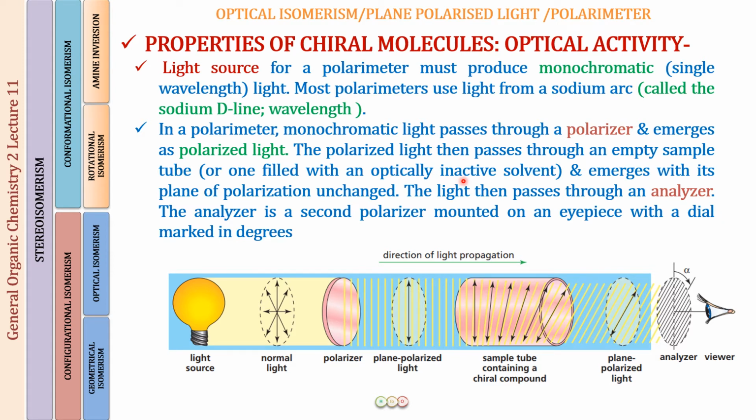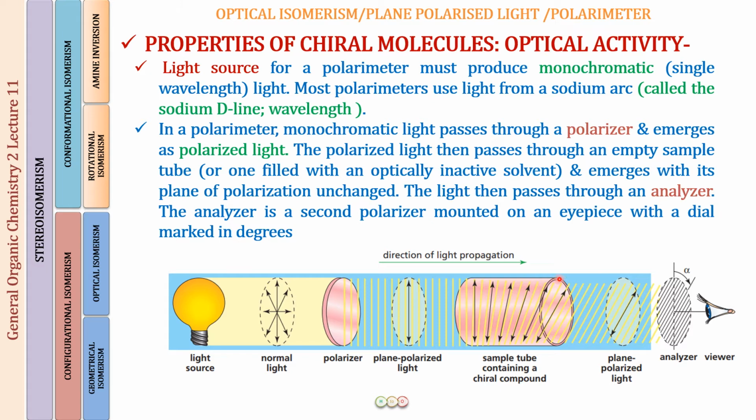Okay, so what are we going to do? We are going to pass this plane polarized light through an empty sample tube or one with an optically inactive solvent, and when the light comes out of this, it is going to be unchanged, right? Because here we have either a solvent which is optically inactive or it is empty, so it comes out unchanged.